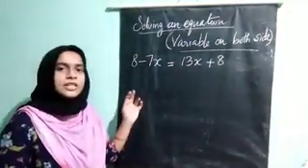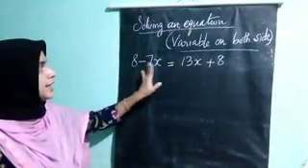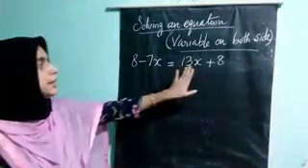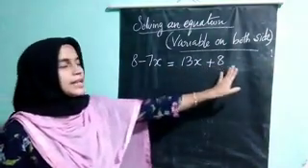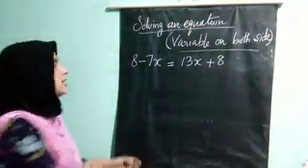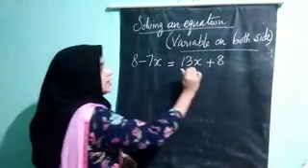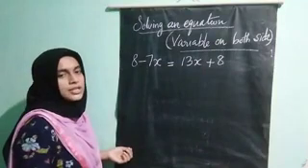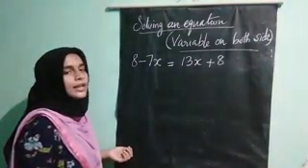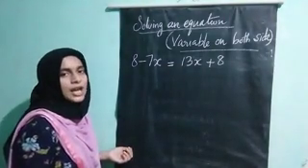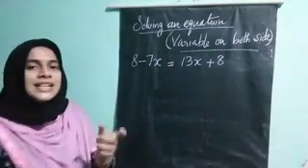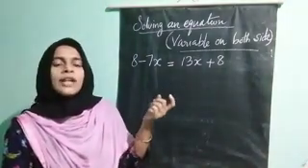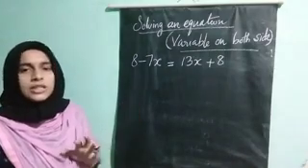First question you can see here, 8 minus 7x equal to 13x plus 8. Can you see the variables on right side and left side? x, x. Usually we get the questions with the variable on one side. Here both sides we have variable. Don't worry, just transpose one variable to the other side.